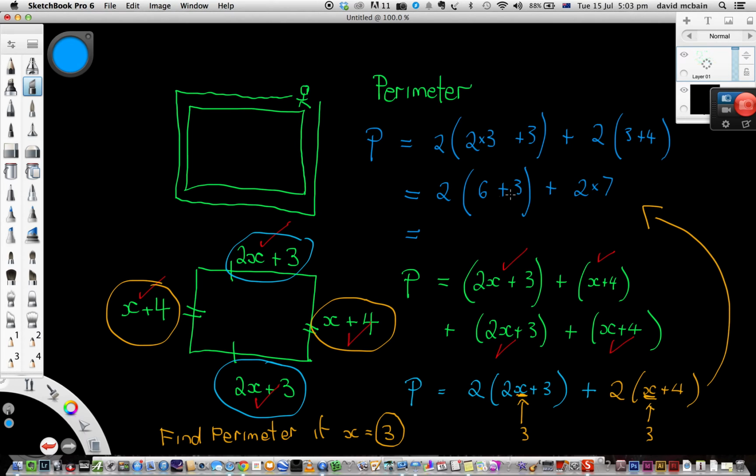Well, 6 plus 3 is 9, so it's going to be 2 times 9 plus 2 times 7, which will equal 18 plus 14, which makes the final perimeter 32. Now, if we were talking in centimetres, it'd be 32 centimetres. So that's how you'd work out the perimeter of a shape like that.